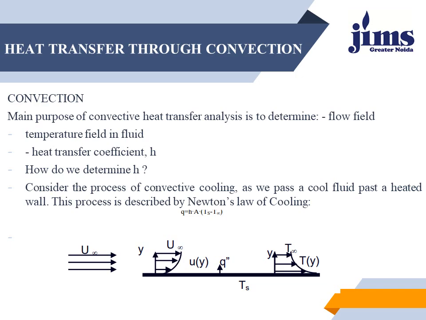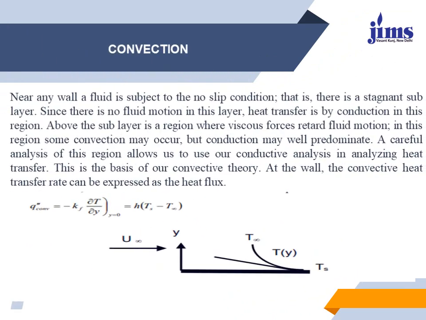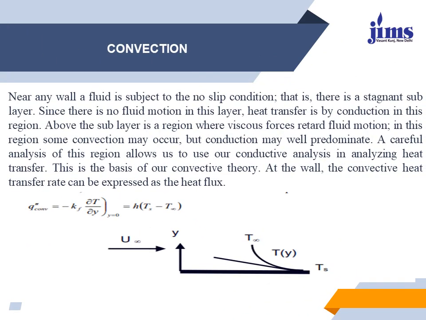So basically there are two types. The first is known as free convection, and the second is known as forced convection. Free convection is also known as natural convection. Free or natural convection occurs when the fluid circulates by virtue of the natural differences in density of hot and cold fluids.